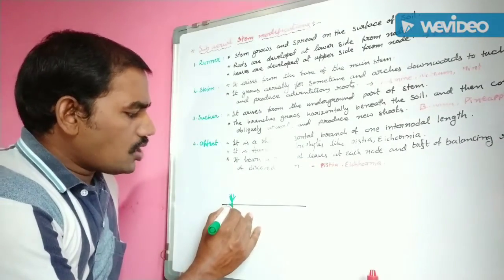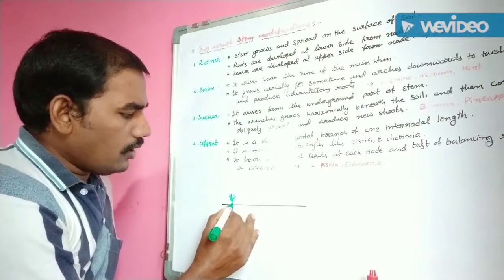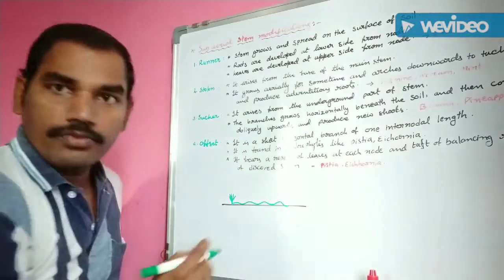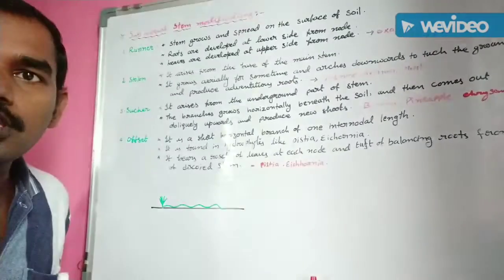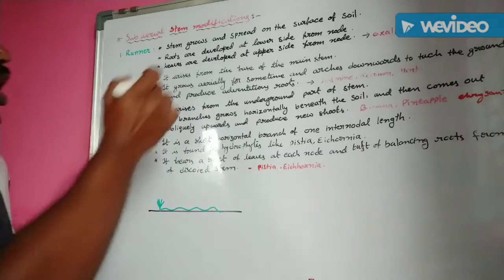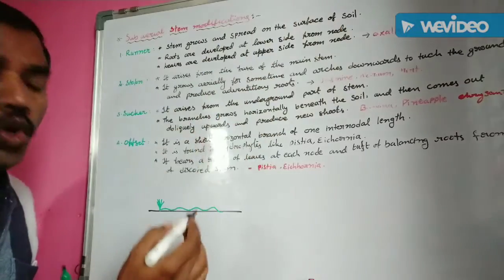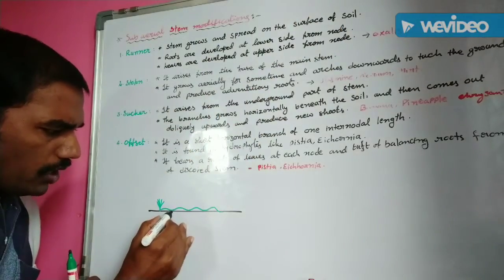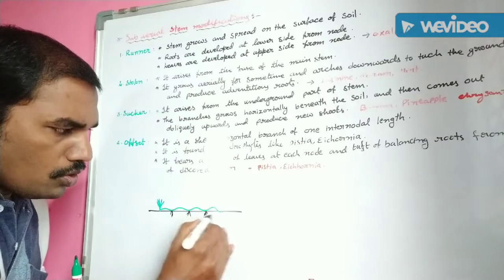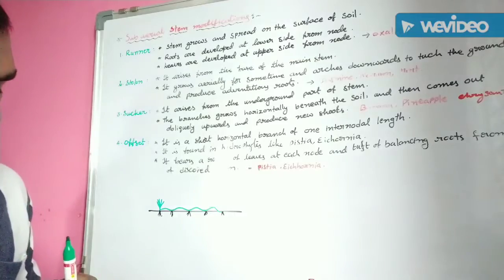The stem grows and spreads on the surface of the soil. Next, roots are developed at the lower side of the nodes. The lower side of the nodal region bears roots. These are the roots.